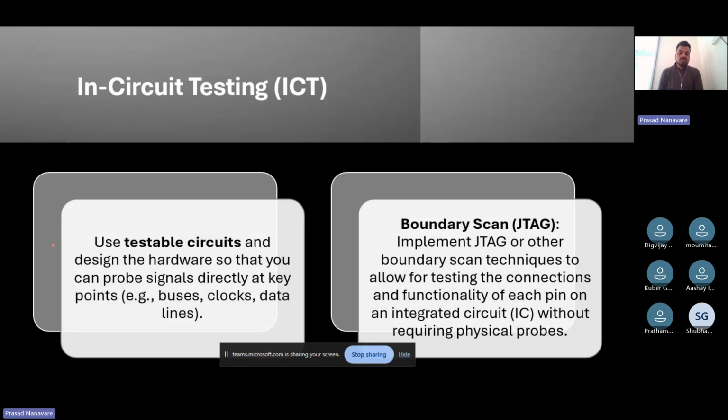Then in circuit design, we should be using JTAG for debugging. It is also called boundary scan, because once the device is ready and on the field, JTAG still allows us to debug things. That's why it is called boundary scan.